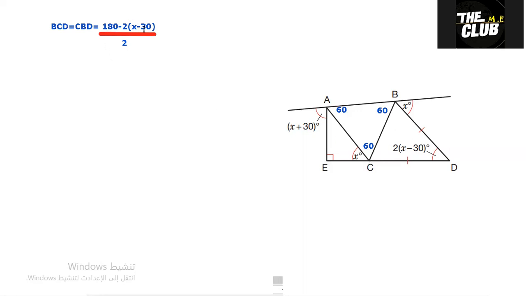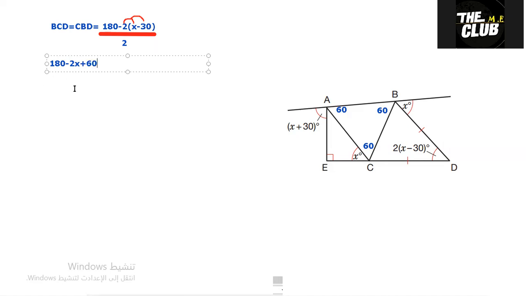Now I'm going to finish this and simplify it as much as possible. To simplify this, the first thing I do is expanding. I'm going to expand through the inside like this and like this. So I'll end up with 180 minus 2 times x, which is minus 2x, and then minus 2 times minus 30, which is plus 60.